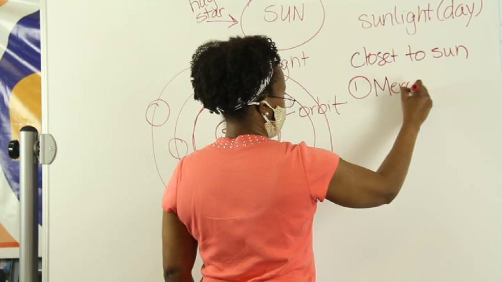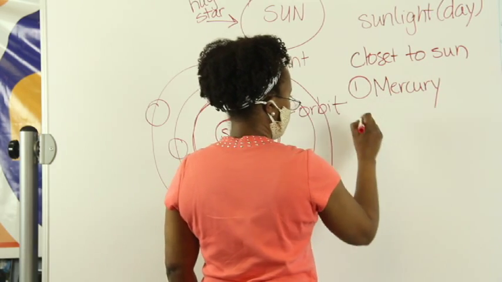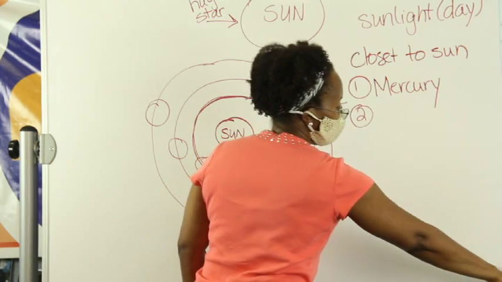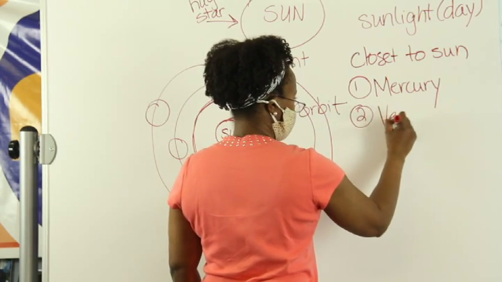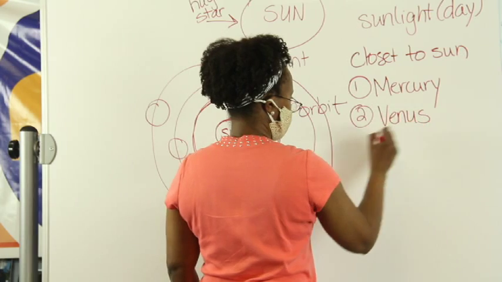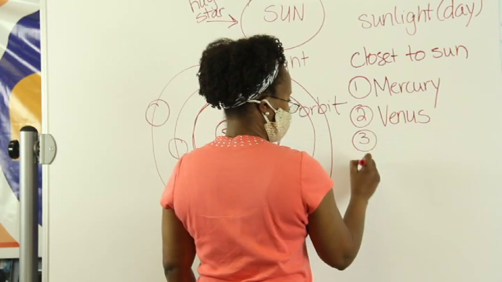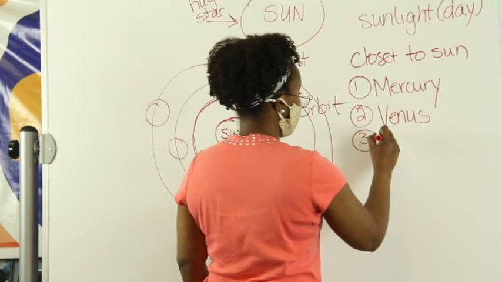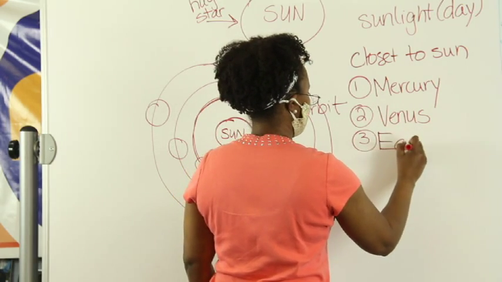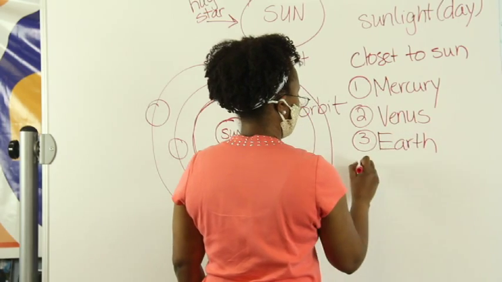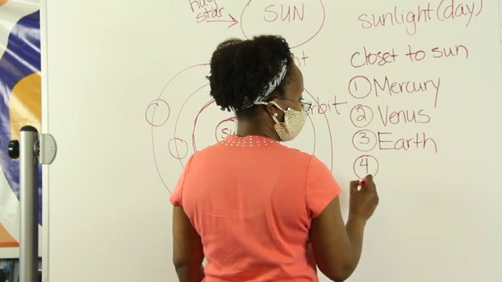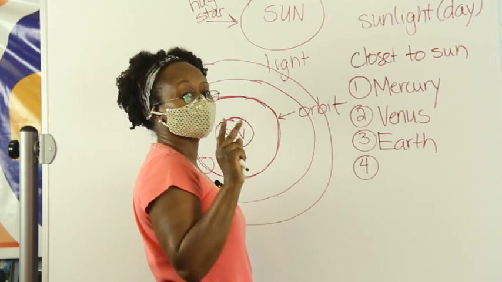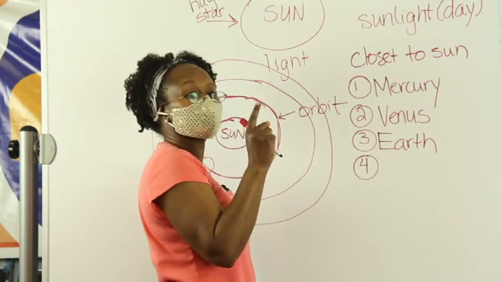Mercury. The second one is Venus. The third one, excited, that's us, Earth. For mother, now because we have 2 M's, you have to at least remember that Mercury comes first.